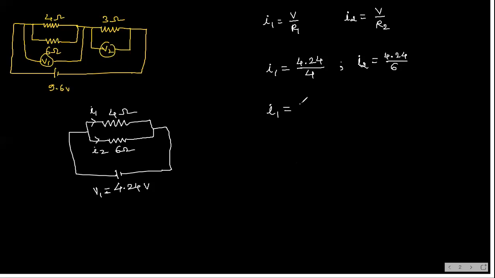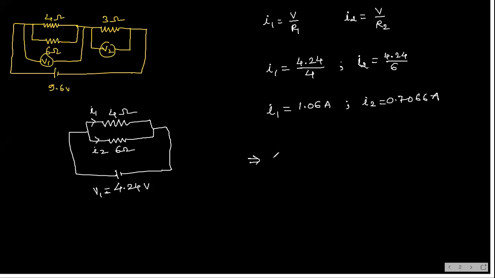Okay, so I1 we got 1.06 ampere, and I2 is how much? 0.7066. Yes, Harshvardhan, your answer is right. Yes, right. Venkat Shanmukh, yes, right. So this is your I2.